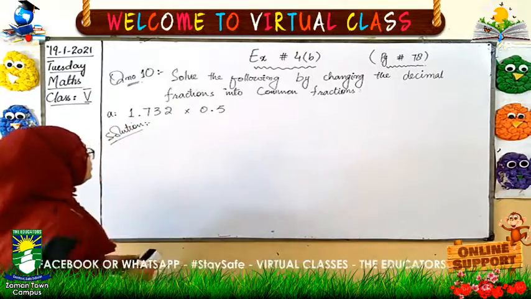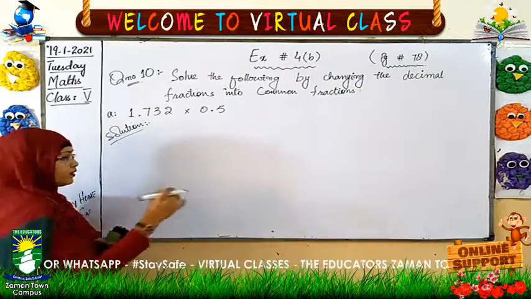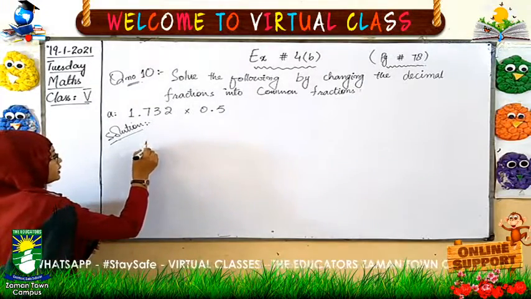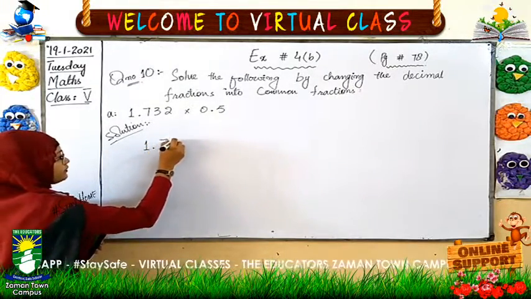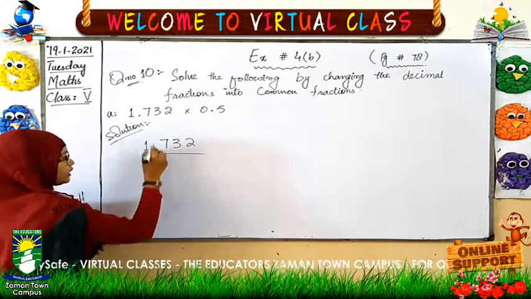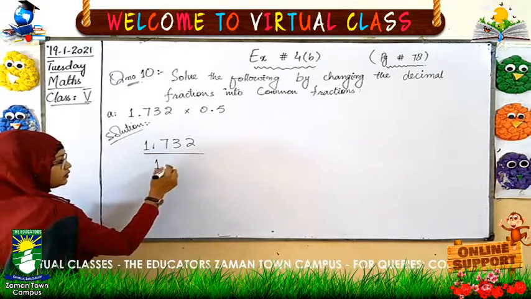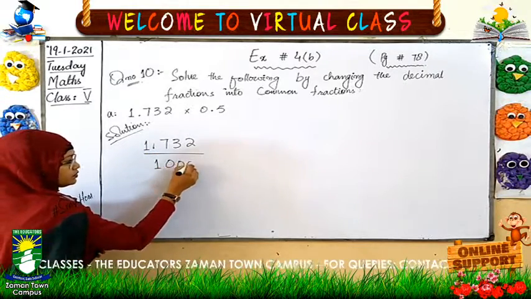We will convert both the decimal numbers into common fractions. 1.732 becomes 1732 upon 1000, removing the point and taking 1 with 3 zeros.